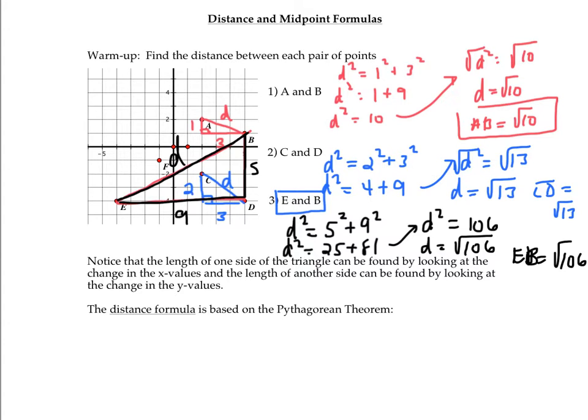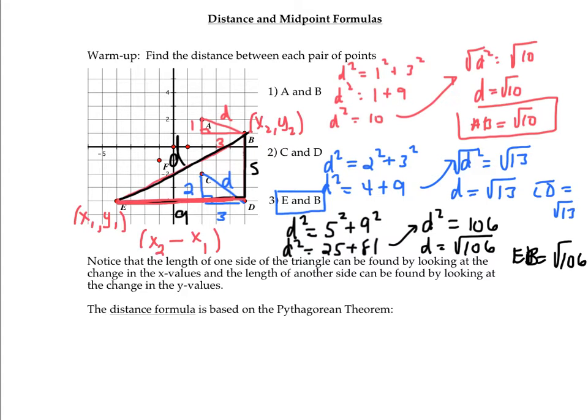For example, if we call this point E, if we name it x1, y1, and we name this point x2, y2, then we can say that the length of this side of the triangle could be found by taking the x2 value and subtracting x1 from it.